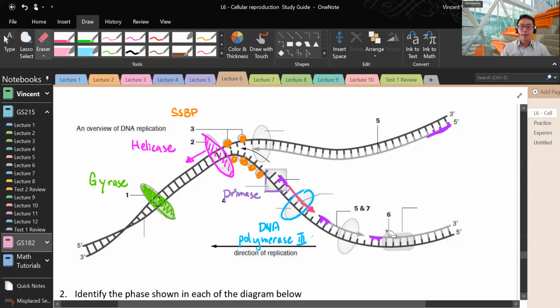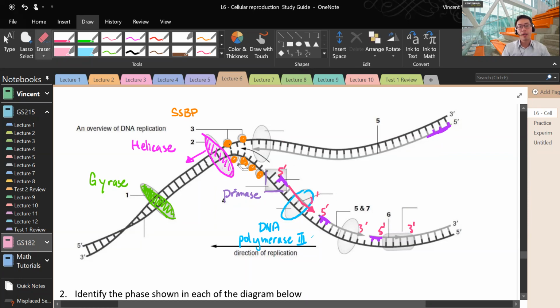So the primase will put the primer here, and this is going to be 5 prime end to 3 prime end like this. But as you open up the fork more and more, you will have to put another primer here, and then you're going to have another 5 prime to 3 prime, and then you will open up more, and you will have another 5 prime to 3 prime.